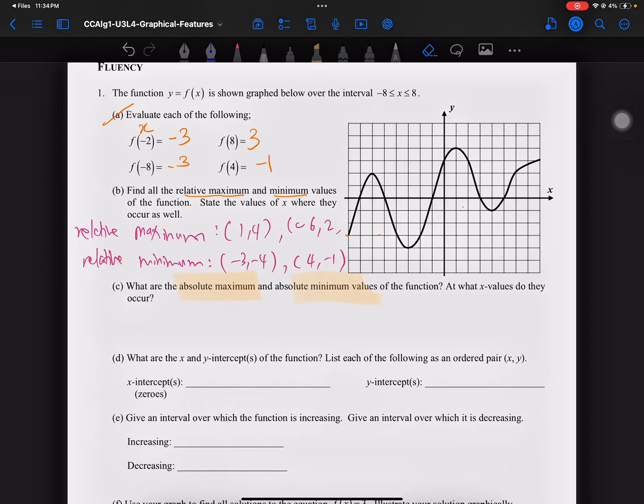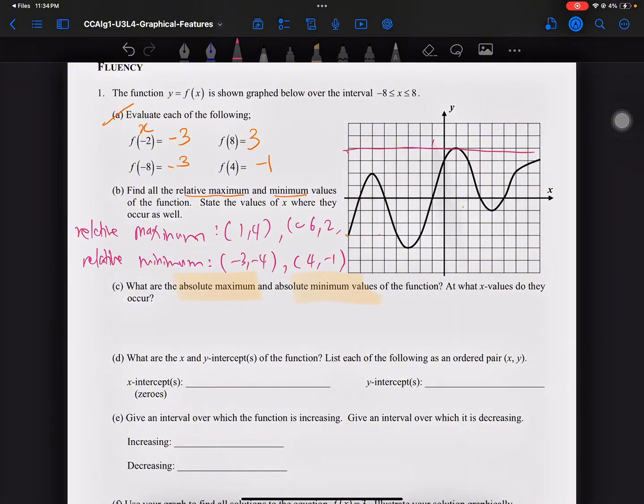So do it slowly. Look at all the y values we found here. Which is the highest y on the entire graph? That's the absolute maximum. Which is the lowest y on the entire graph? That's the absolute minimum.